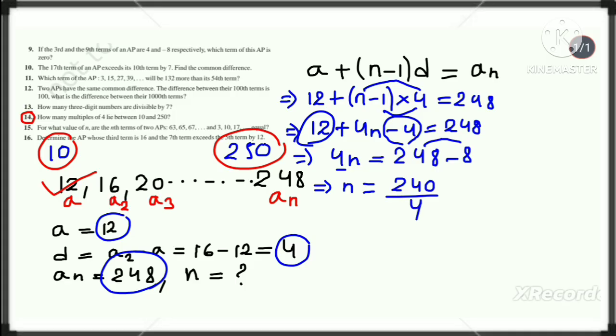Now 4 ones are 4, and 4 can divide 240 by 60 times. So in this way we have obtained n equals 60. It means we can say that there are 60 multiples of 4 which lie between 10 and 250.